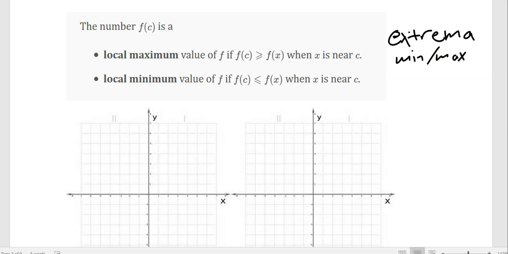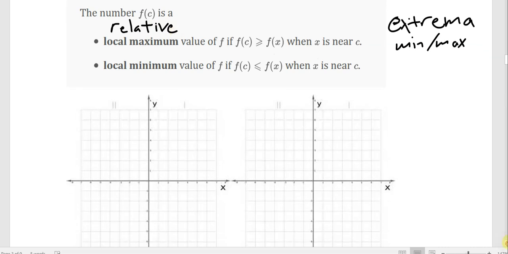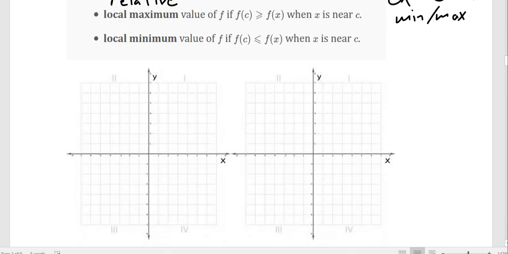A local, or you'll also see the term relative, maximum or relative minimum, just means in a small area around some spot, do you have a high point or a low point? Okay?